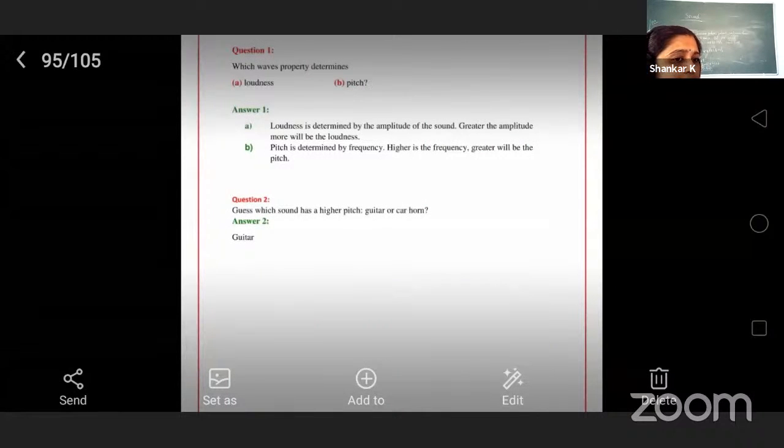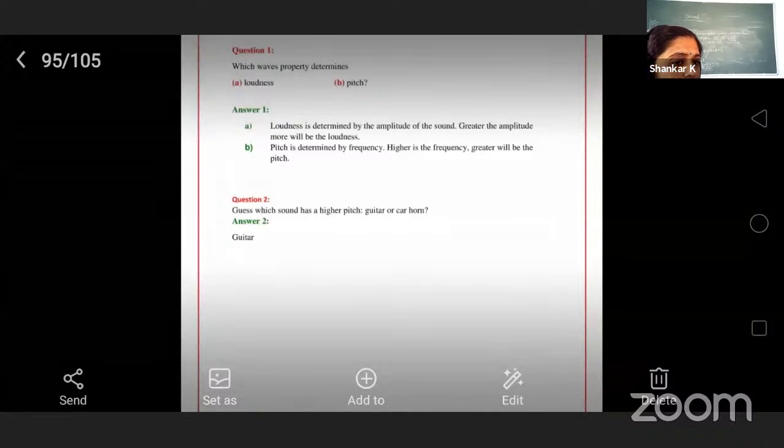Which property determines loudness and pitch? We have discussed loudness and pitch. Loudness is determined by the amplitude of the sound. Greater the amplitude, more will be the loudness. Pitch is determined by frequency. Higher the frequency, greater will be the pitch.